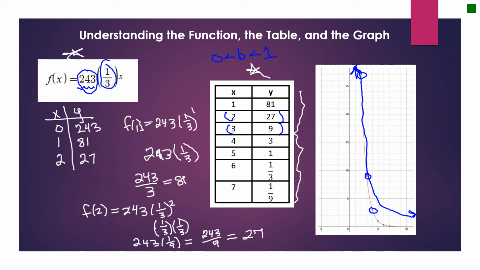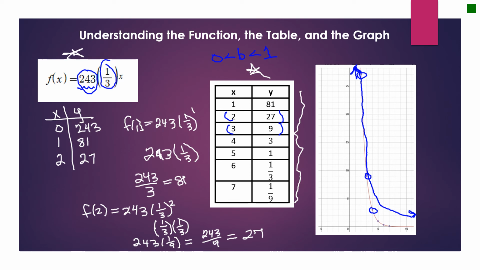So that would be 1 over 9. And then 243 times 1 over 9 means 243 divided by 9, and that would be 27. So if I plug 2 in for x, I get 27. And you can see where all these values come from on the table.